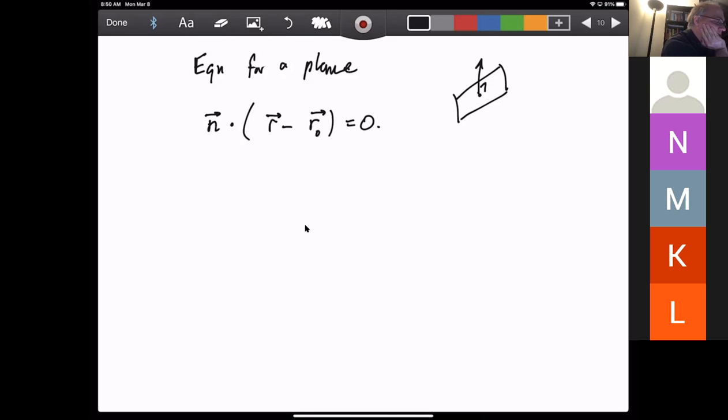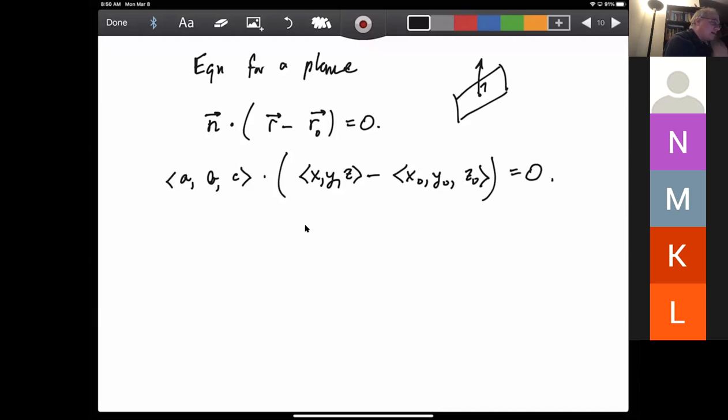Now, if you write this out, again, in terms of components, these two are basically the same equation, of course.